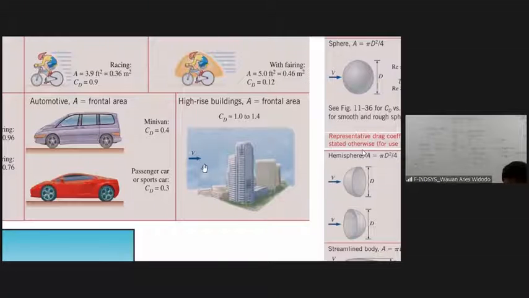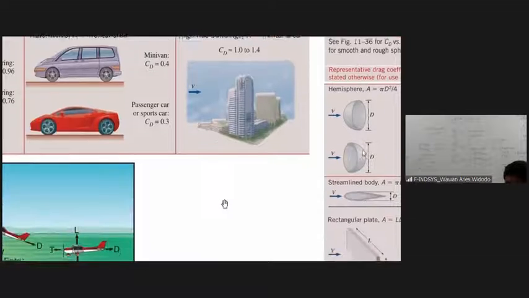The fluid interaction with the airflow creates a drag coefficient of about 1.0 to 1.4. So what is the effect? The highest drag coefficient here affects the building construction. Maybe you can learn about statics.